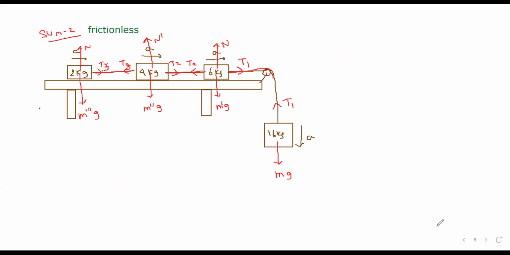Similarly, we do it for the third case. The third case is the 4 kg object. How many forces act on the 4 kg object? 4 forces. Its weight, mass into gravity, that is 4 into 10, 40 Newton. Here the normal reaction n double dash acts. T2 acting this side, T3 acting this side, and the object is moving this side with acceleration a.